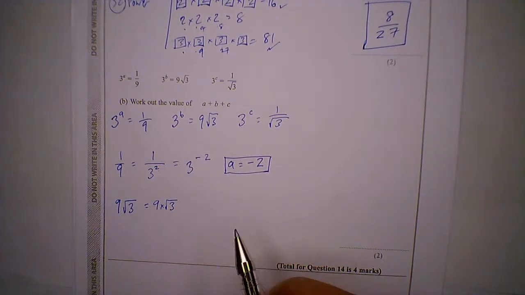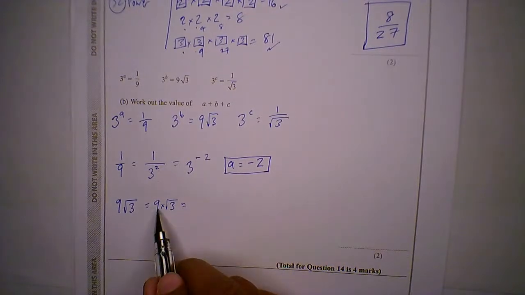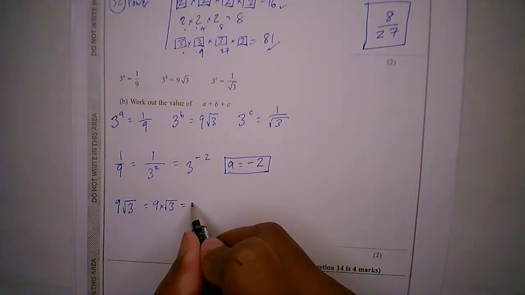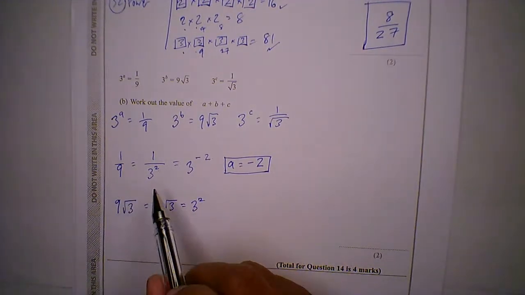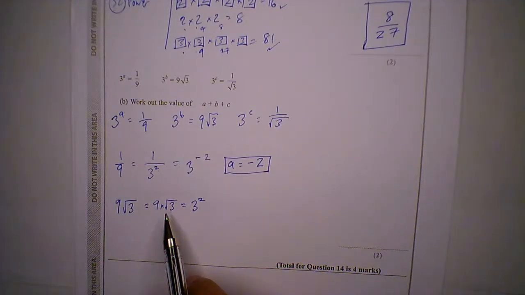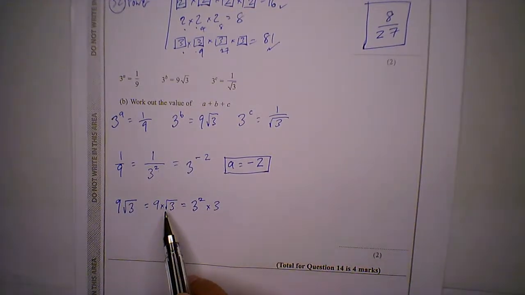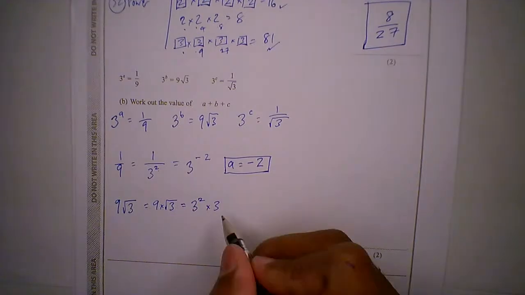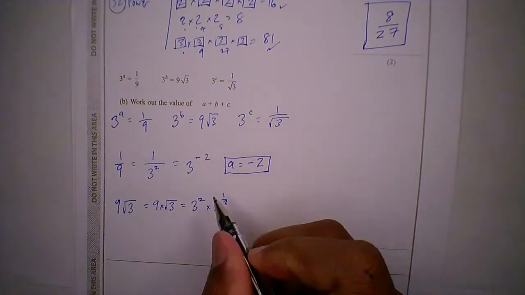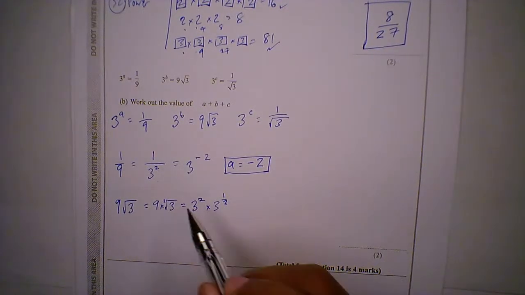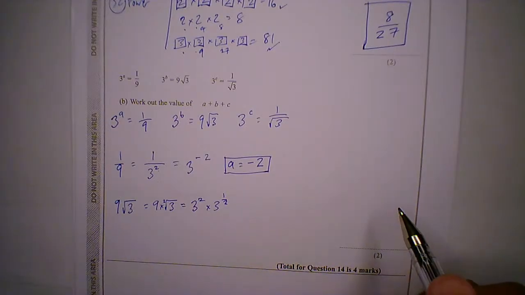So now what's the next thing? 9 is 3 squared, so we've done that before here. Now remember the shortcut. If we have a square root, the shortcut is a half, or roots have an invisible 2 there.